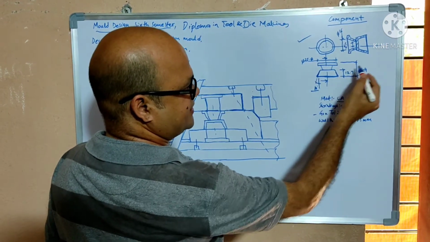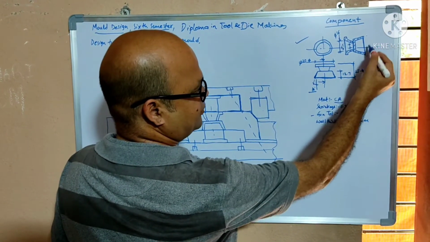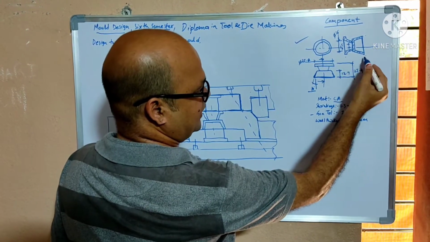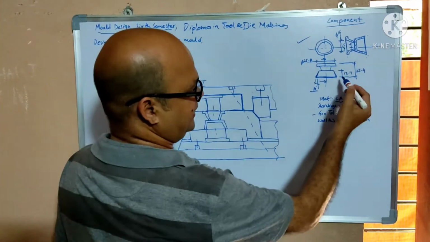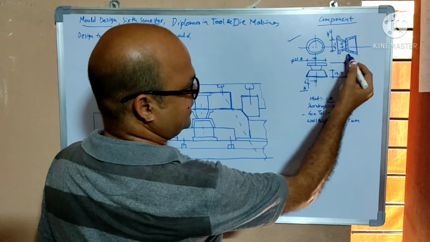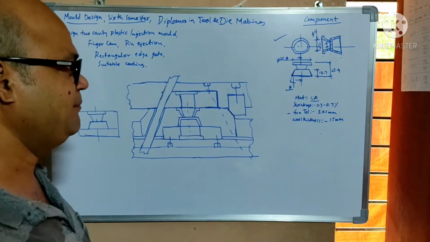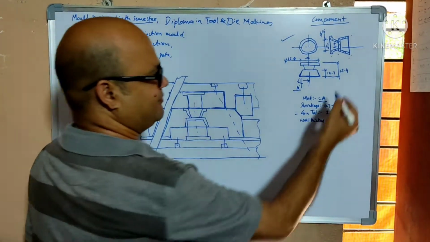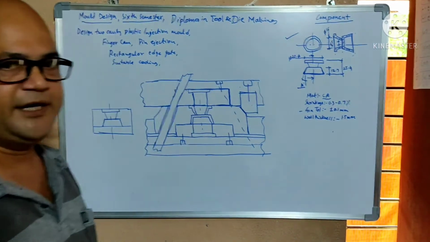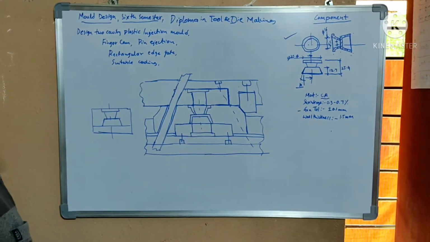The diameter is 25.4, the total length is 25.4, and this tapered height is 12.7 mm, and the overall wall thickness of the component is 1.5 mm.